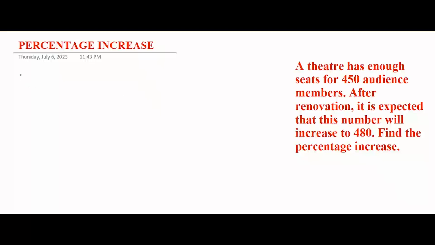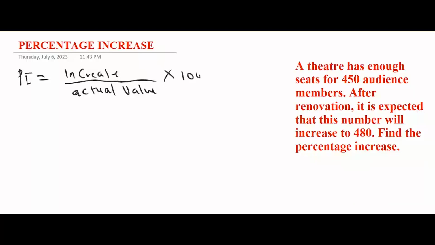So the percentage increase, you can say PI to denote percentage increase, is equal to the increase itself out of the actual value or the original value, then multiplied by 100%.